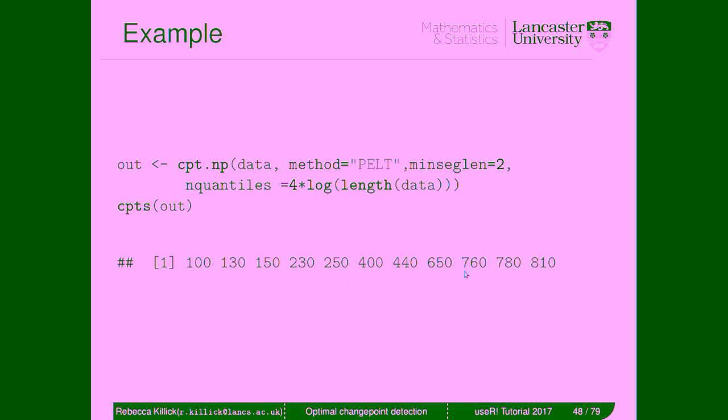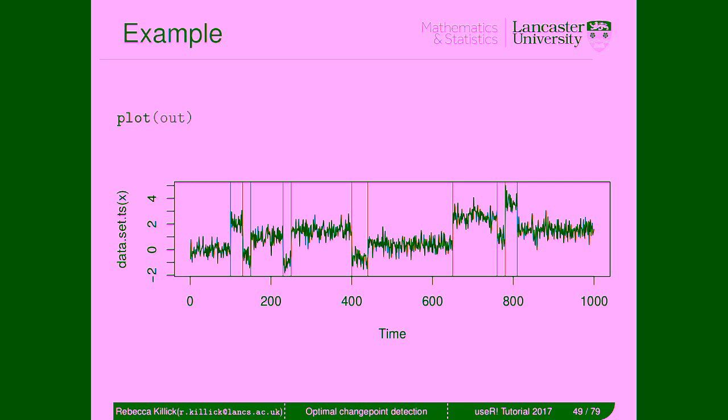If you actually change the nquantiles here, you actually have to take it down to 1 quantile to get the wrong answer. So for this example, it's very stable with the number of quantiles, but I would recommend, if you're using this, to have a look at a few different numbers of quantiles and just see if it does change the results, and therefore you may want to think carefully about the changes that do change.